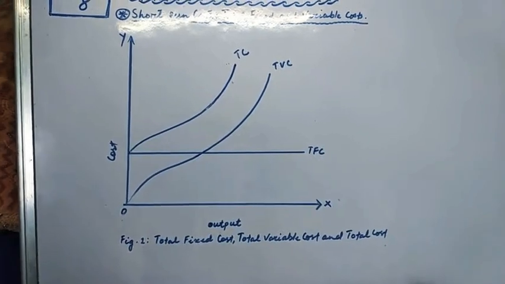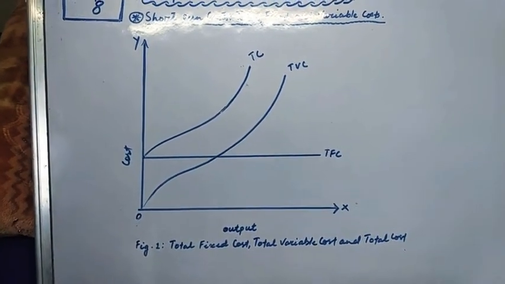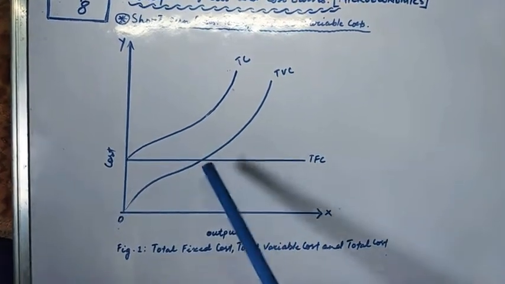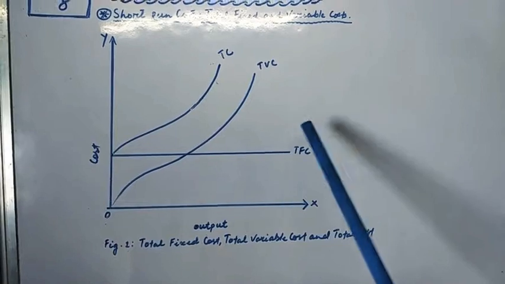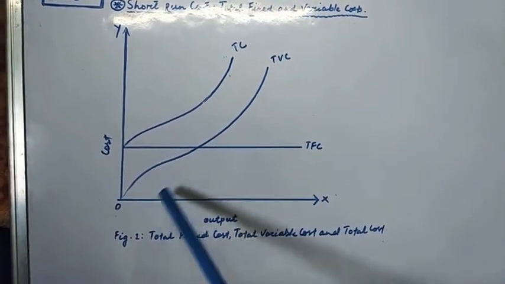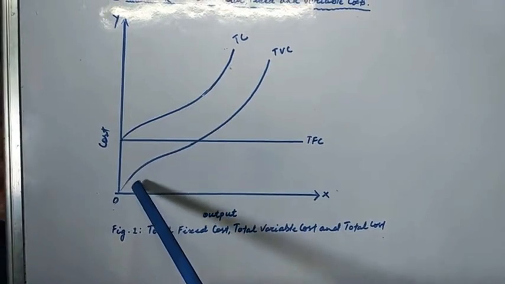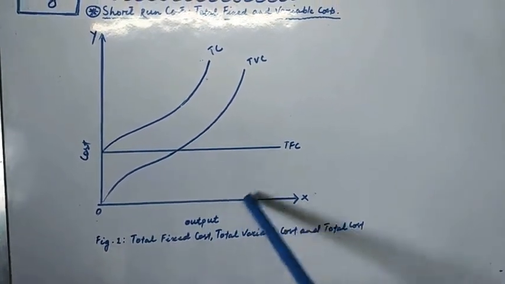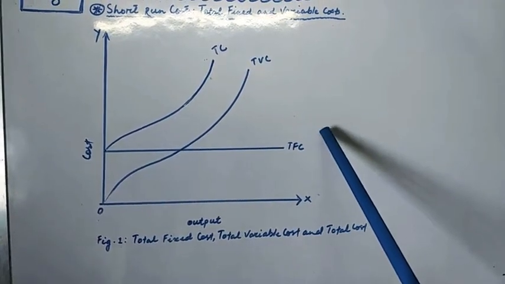As you can see, total fixed cost remains constant. We have discussed that this total fixed cost remains constant regardless of the changes in output. Whether the output increases or decreases, this total fixed cost remains constant.